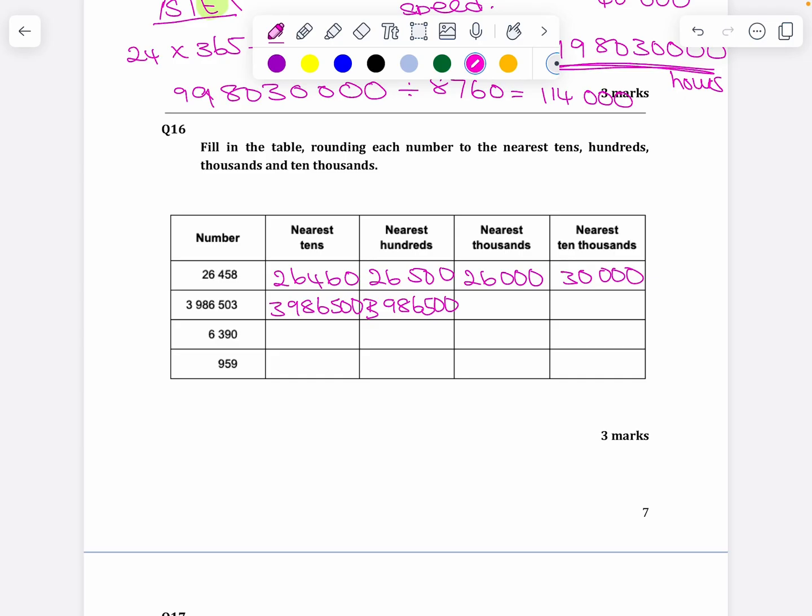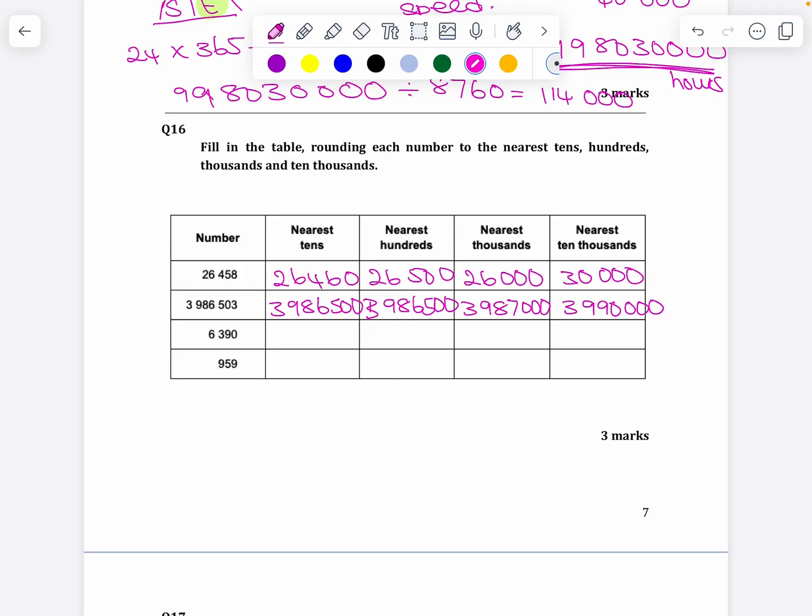To the nearest 1,000, you should have 3,987,000. To the nearest 10,000, you should have 3,990,000.